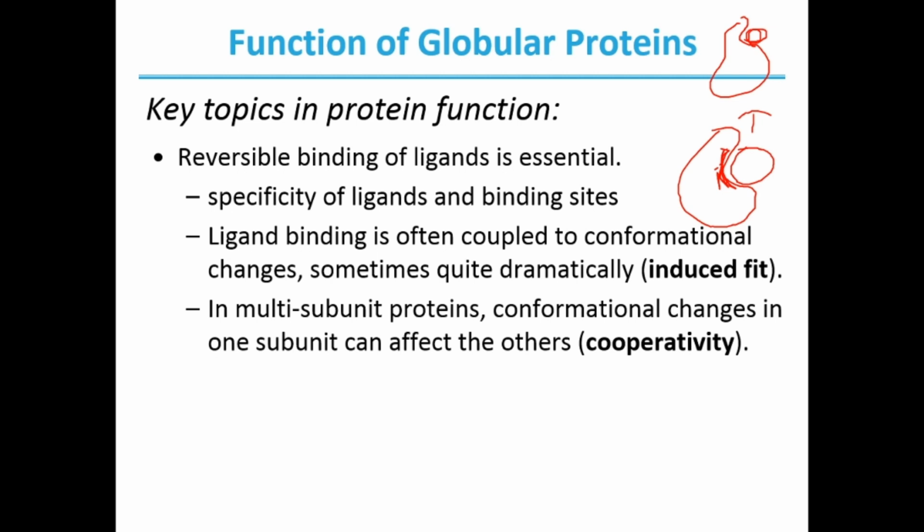In multi-subunit proteins, conformational changes in one subunit can affect the others, which means that if you have a protein with multiple subunits, for example, if there is a protein that has 4 subunits, 1, 2, 3, and 4.